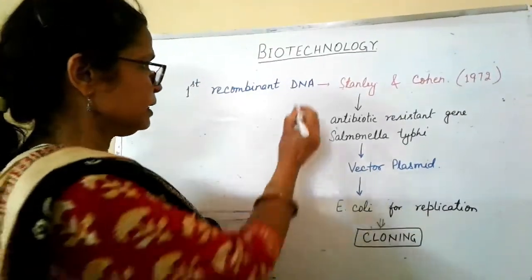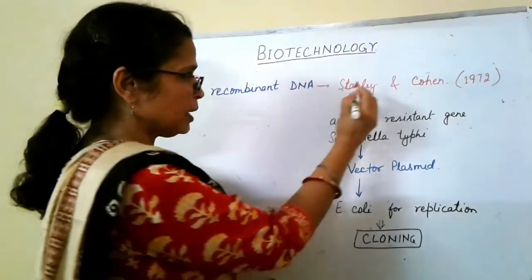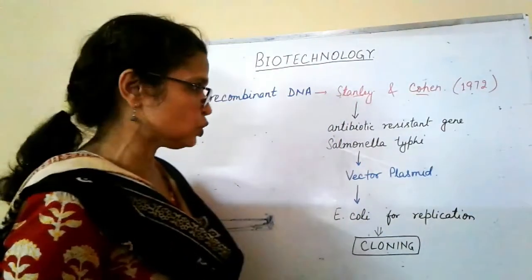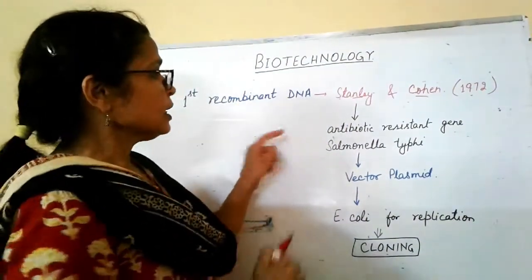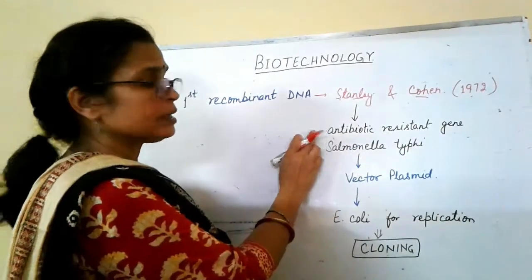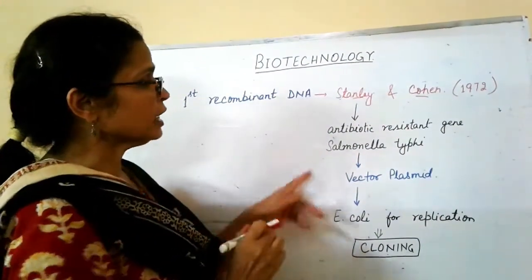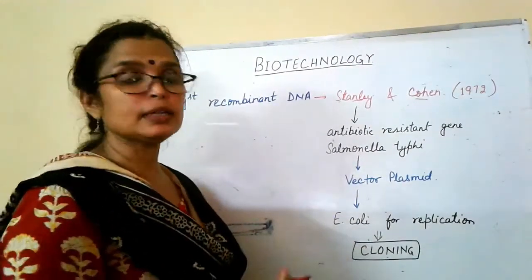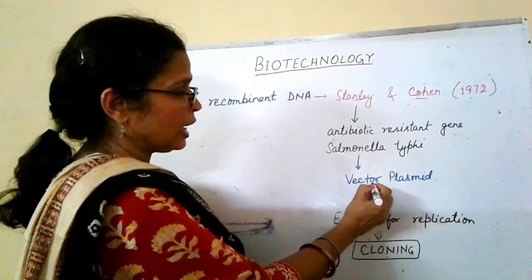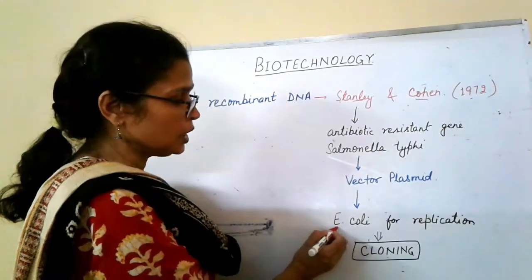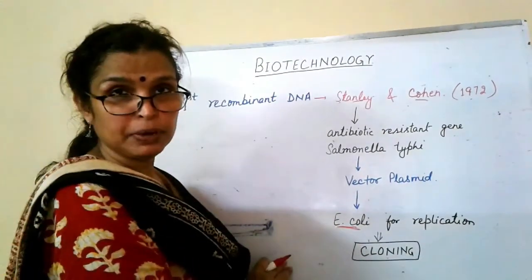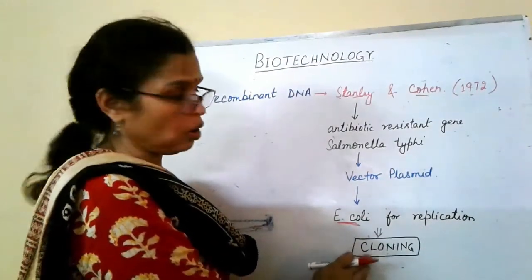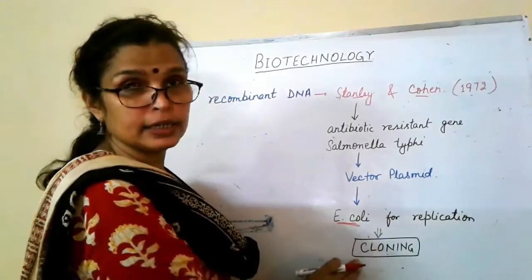The first recombinant DNA was constructed by two scientists, Stanley and Cohen, in 1972. They extracted the antibiotic resistant gene from Salmonella typhi and inserted it into the vector plasmid, and this vector was transferred to E. coli bacteria for replication. This replication is called cloning of the desired DNA piece.